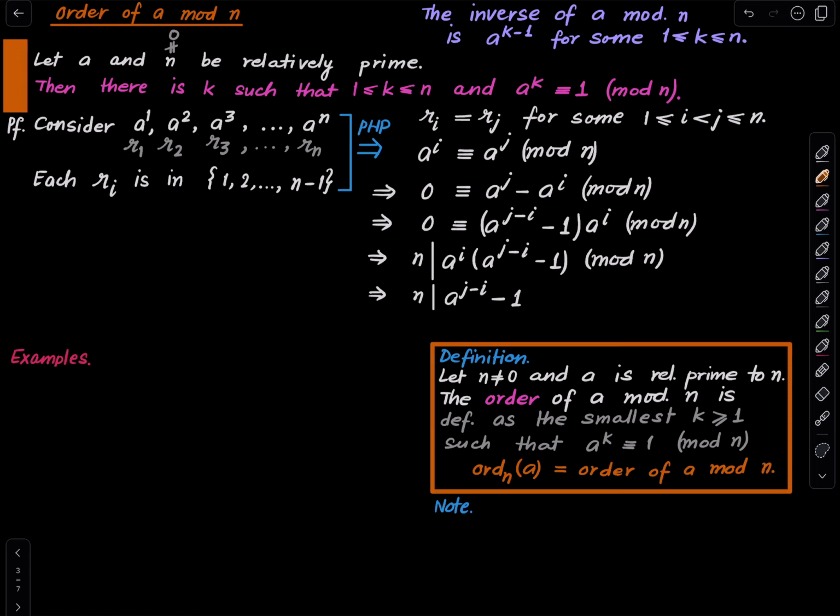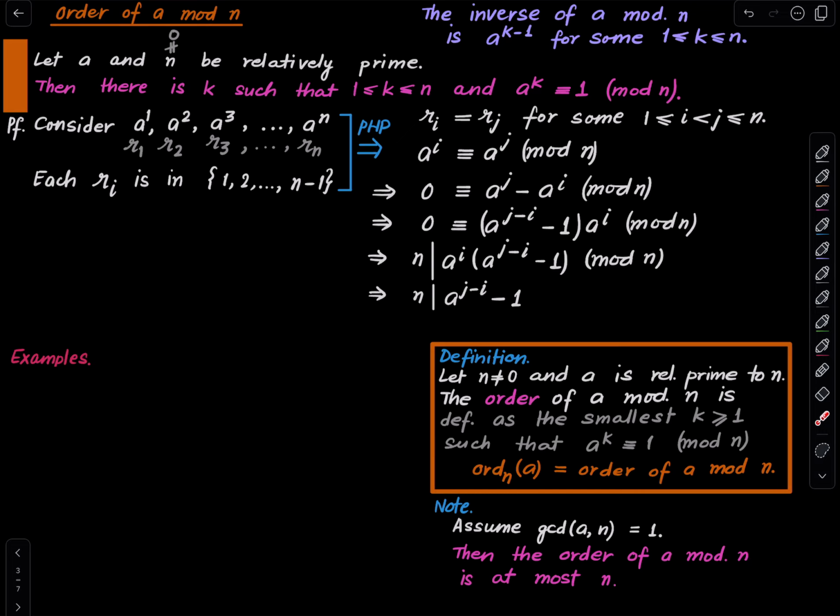Okay, so we have a very nice definition on our hands, and note that if GCD of a and n is 1, then the order of a modulo n, which exists only when this happens, is at most n. So by this reasoning, we already know that the order is at most n. One can say a much better thing. This is not the most optimal statement one can make.